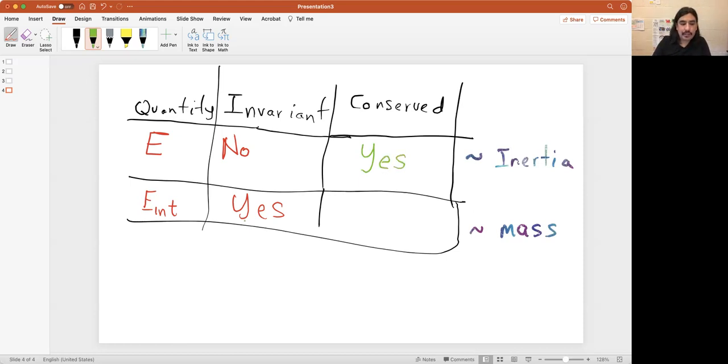And then you can guess what's the last question, right? Is internal energy a conserved quantity? If something happens, do you have an event? Do you keep the same internal energy?